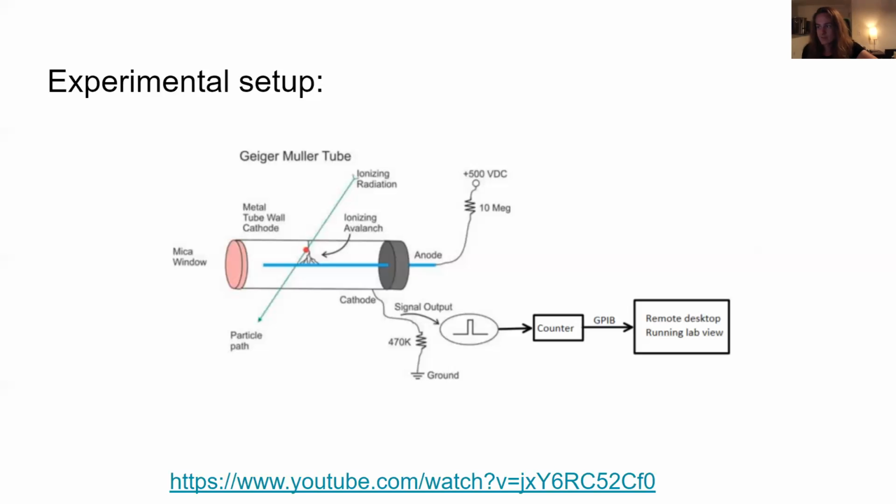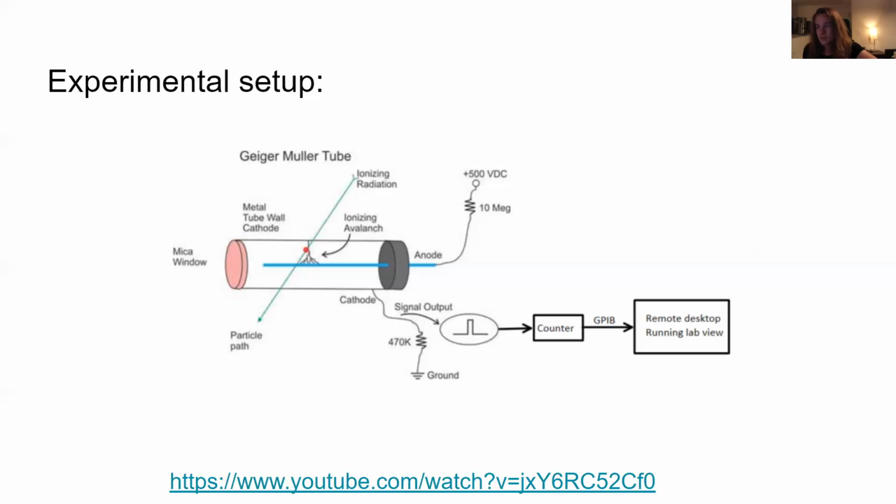So we basically have a bunch of negative particles lining up here, electrons, that will gather on the side here. So we essentially have a capacitance between the anode and the cathode. Now, these particles will typically accumulate on the wall of this Geiger Muller tube, and you'll see that this plays a key role in just a moment.